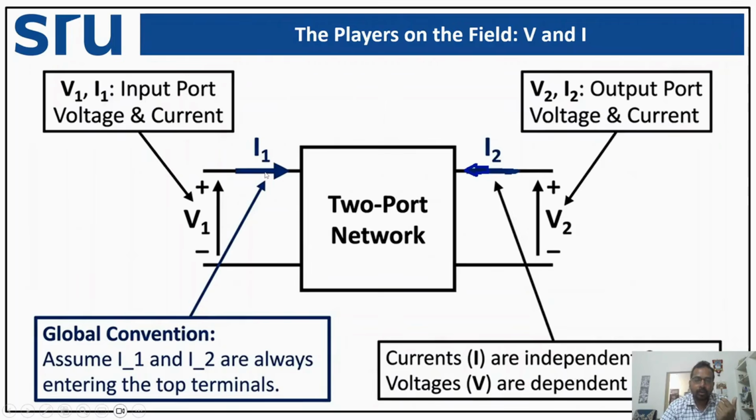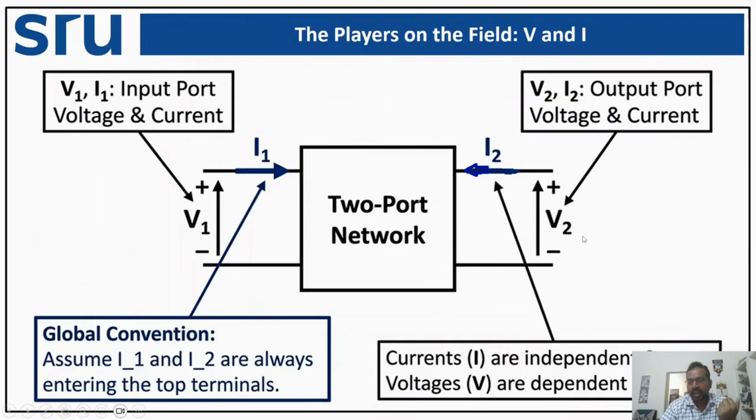The current entering this terminal should have the same amount of current leaving this particular terminal. In order to do that, we either add an external source, which may be a voltage source or a current source. If you add a voltage source here, as it becomes a closed path, the amount of current entering here will be the same amount of current coming out of this terminal.